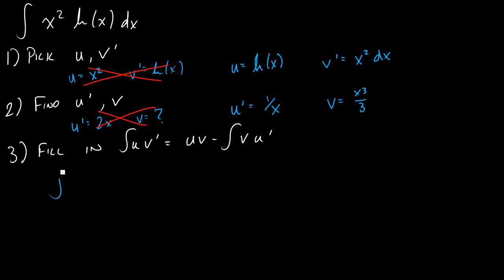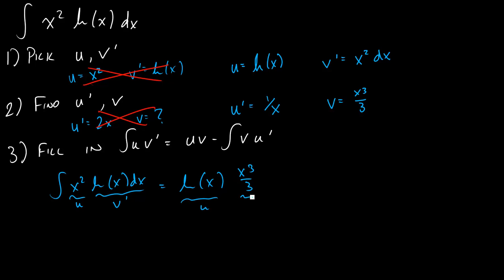The integral of x squared ln of x dx, so this is u, this is v prime, is going to be equal to u times v, so the ln of x times v, x cubed over 3, minus the integral of v, so x cubed over 3, times u prime, which is 1 over x dx. So this is u prime.